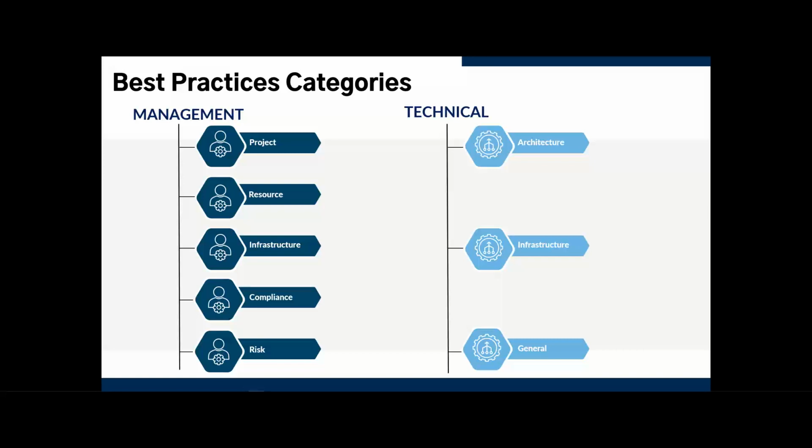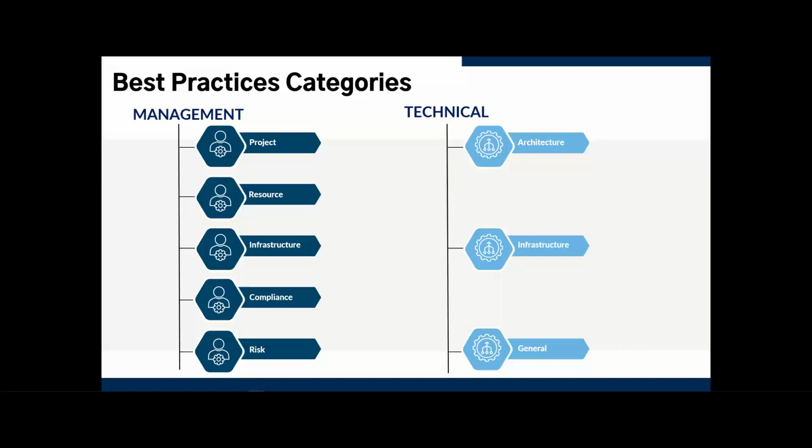We categorize them as the ones that fall under management and the ones that fall under technical. As was mentioned earlier, this is the first of three in the series, and this one is more about the high-level management of an implementation with the technical best practices, whereas the other two are going to be focused more on product-specific and domain-specific expertise around those products.